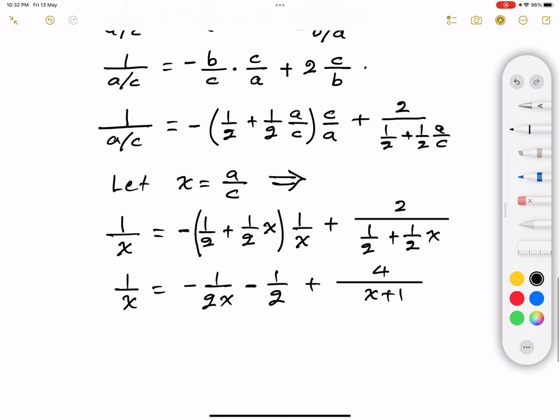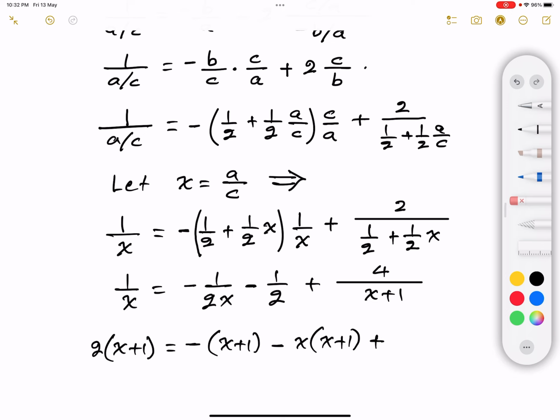Now we're going to go ahead and multiply every term by 2x multiplied by x plus 1. So that's going to leave us with twice x plus 1 on the left-hand side. And on the right-hand side, we're going to multiply that by 2x, which is going to get cancelled. And we're going to be left with minus x plus 1 minus x multiplied by x plus 1 plus 4 multiplied by 2x, so that's going to give us 8x actually.